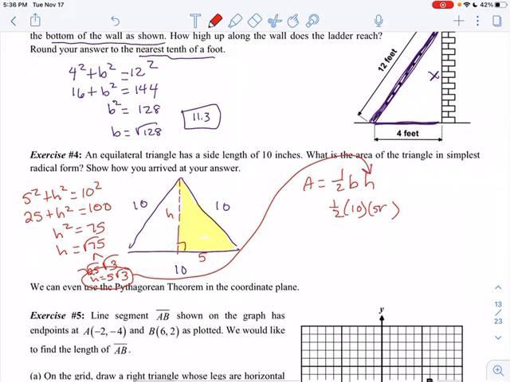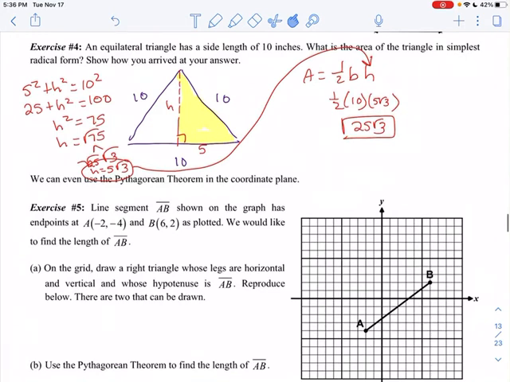My height is 5 radical 3. So 1/2 times 10 is 5, and 5 times 5 is 25 radical 3. And that is the area of that triangle. Okay, so you can see how I can use the Pythagorean theorem in a problem to find area.